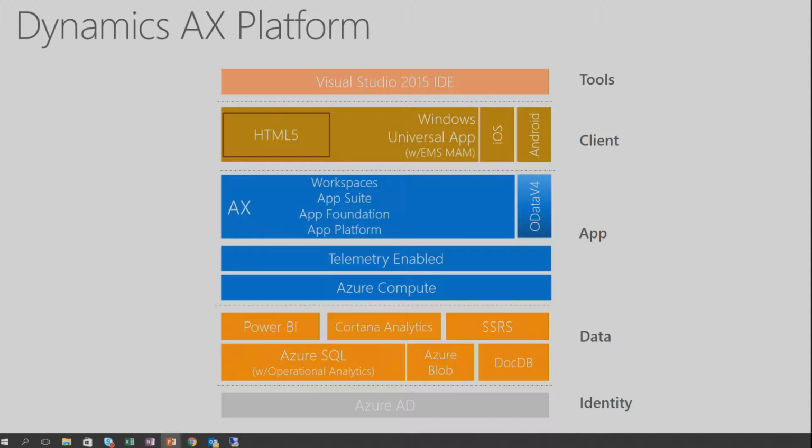The Azure Compute is typically a D13 v2, so regularly that's 8-core boxes with lots of disk space. And then we come to the topic which we will talk mostly about in this session: Power BI, Cortana Analytics, SSRS, SQL Azure in general, and these kinds of topics.